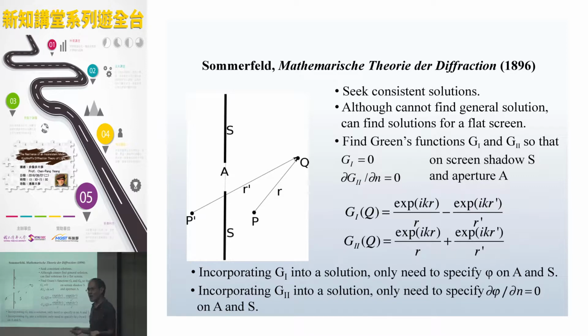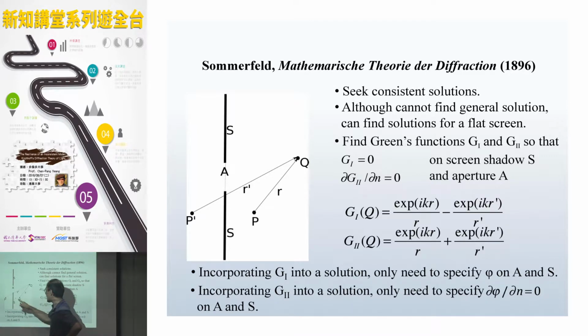And why are they advantages? First of all, what form are they? Well, here Sommerfeld took advantage of the symmetric form of the boundary condition and considered two points, right? This is the point of the light source, and this is the point of observation, and this is the image of the point source.